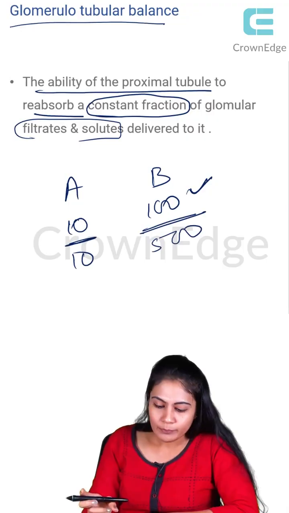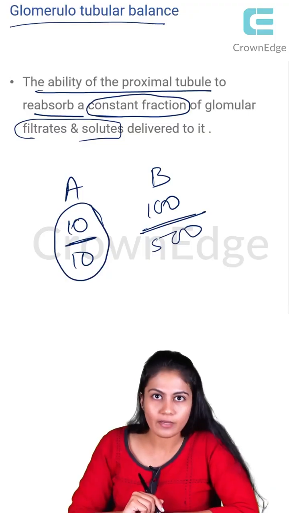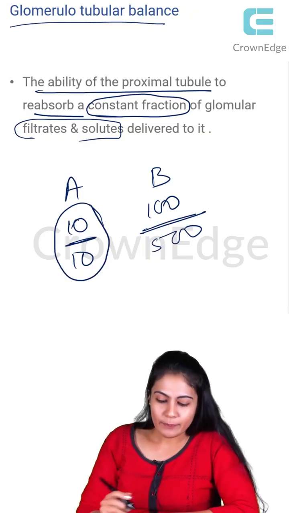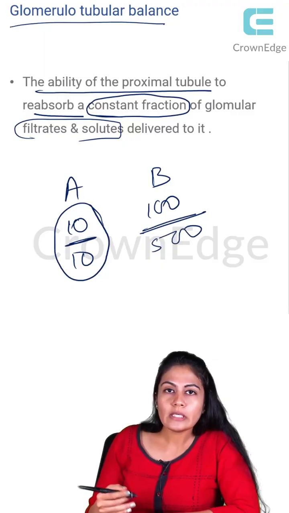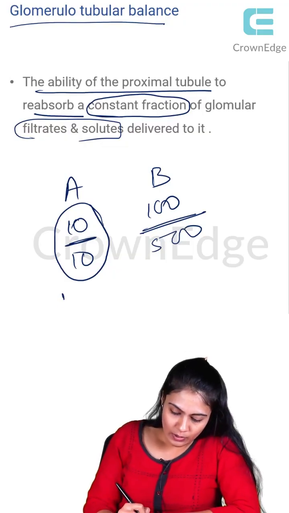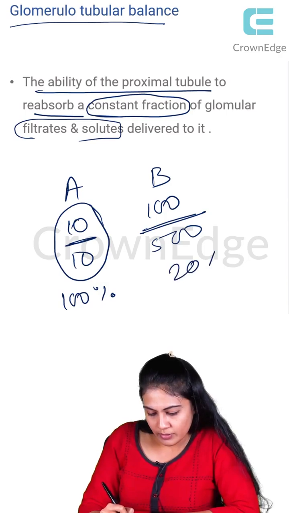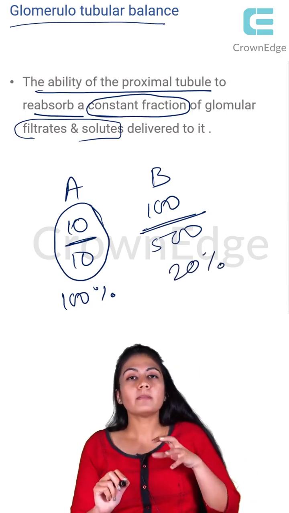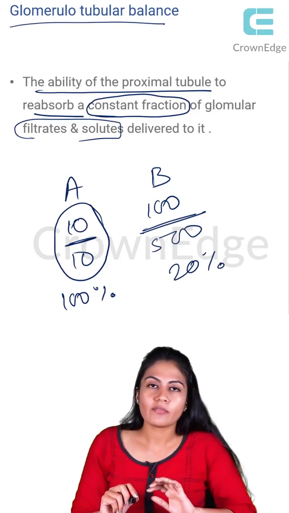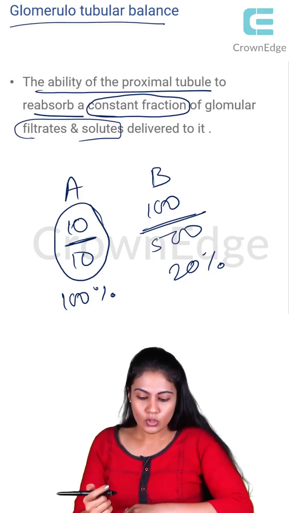So obviously you get to know that student A is performing better, right? If I had told you the percentage, you would have easily identified it. Student A got 100% marks and student B got 20% marks. So with the percentage, you can easily identify how efficiently those students are working.